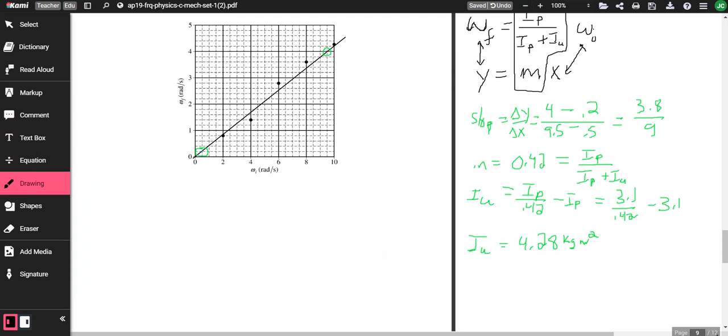All right. So altogether, this line of best fit was worth 1 point. Over here, you got 1 point for pretty much doing this line. So it's actually kind of weird how they do it.